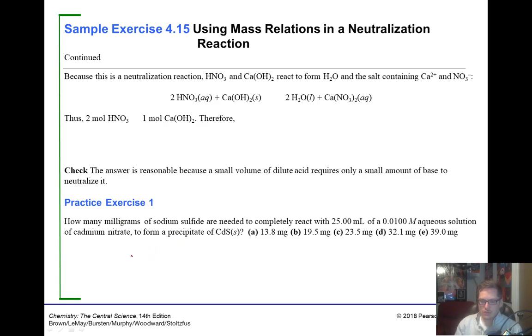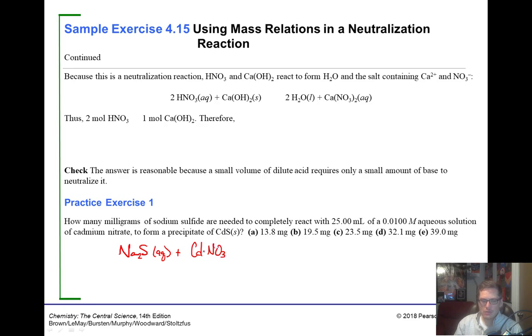All right, so we've got sodium sulfide, so we've got sodium and sulfur. Sulfur has a charge of 2 minus, sodium is plus 1, so we need 2 sodiums, all right, and this would be aqueous, all right, is reacting with aqueous cadmium nitrate, so that's Cd(NO3)2.